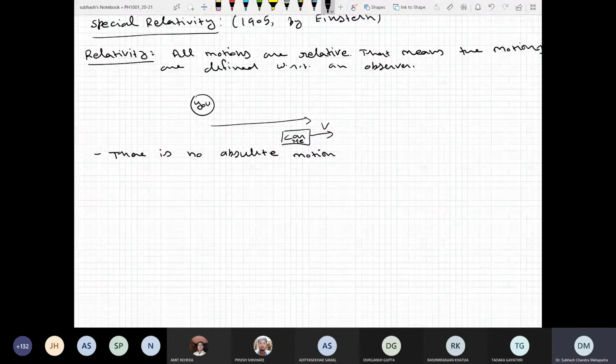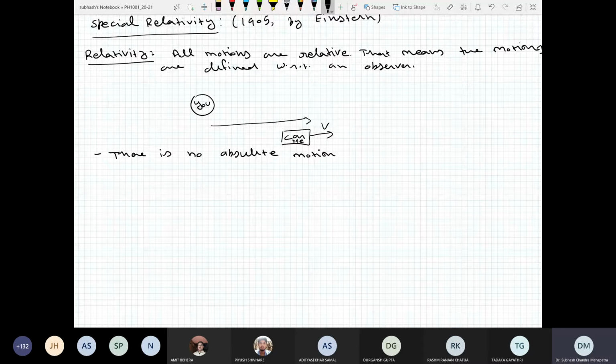You have to specify that he is moving with 100 kilometers per hour with respect to you, or with respect to me, or with respect to someone in Mumbai. So the motion is relative. That's the first thing, that all motions are relative.